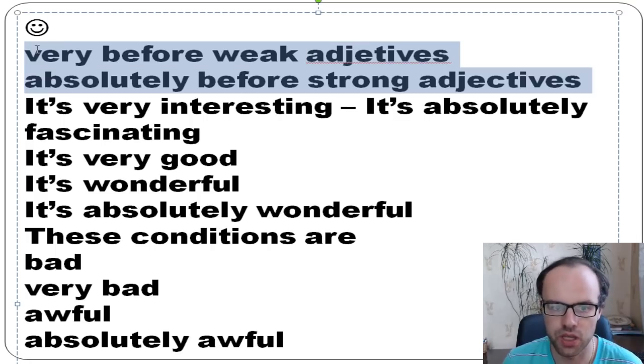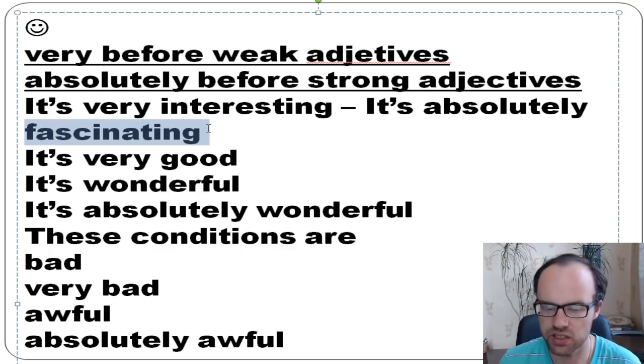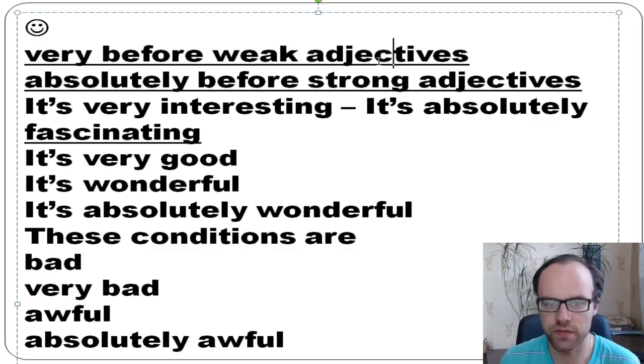So it's a rule. Please have a look. It's very interesting, but it's absolutely fascinating. So fascinating means extremely interesting, and you can't say very fascinating. So if it's a strong adjective, you need to know them. So we use absolutely. It's absolutely fascinating, okay?